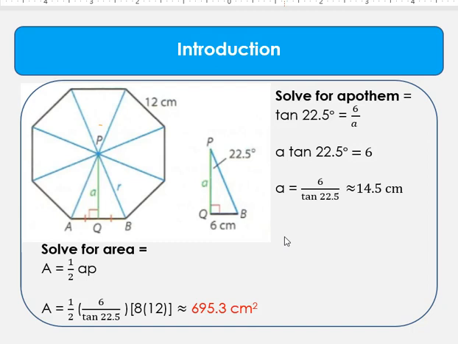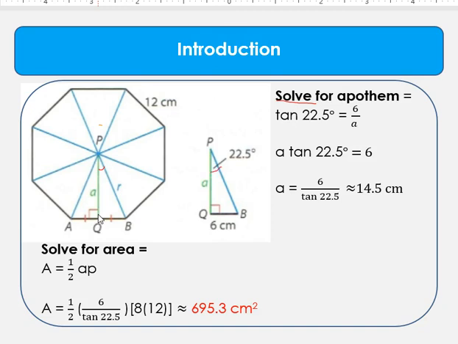Now that you have all of your information, you'll solve first for the apothem. So you're going to solve for the apothem. And to solve for the apothem, this is a right triangle. And this right triangle, this side here, is part of one of the acute angles. Remember, you have P right here, and we know its degrees. We know that P is 22.5 degrees.